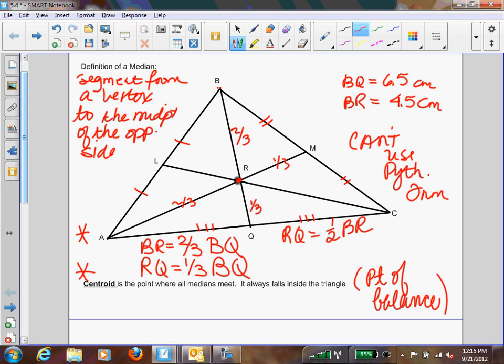Yes, a perpendicular bisector is a median and an altitude. But if I just give you the median, you can't assume I have a perpendicular bisector. If I'm just giving an altitude, you can't assume that it's going to be a perpendicular bisector. It needs to be shown that both the segments and a right angle are there, okay?